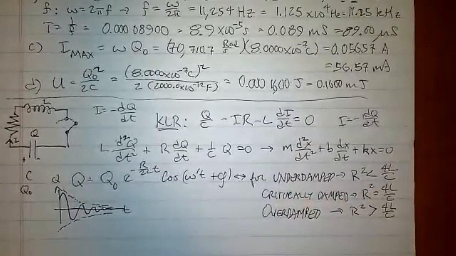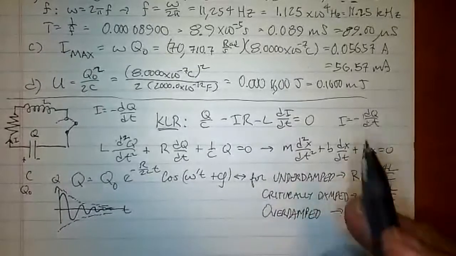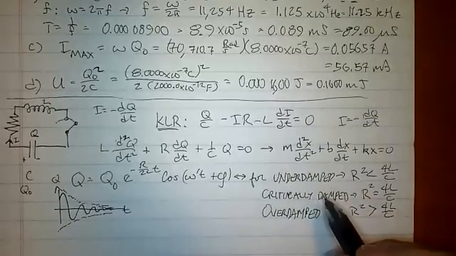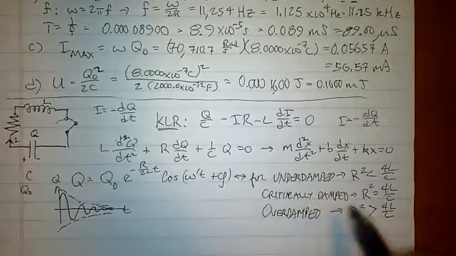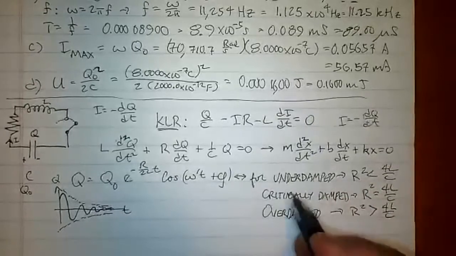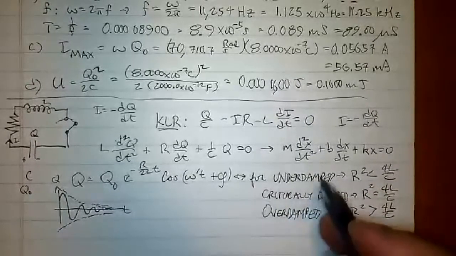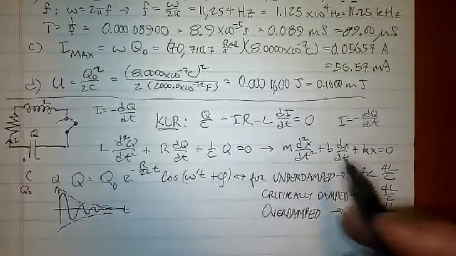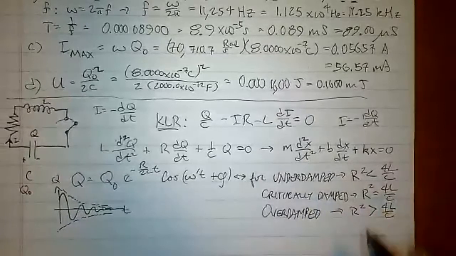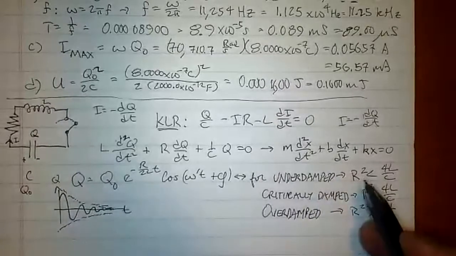So remember, what happens with the underdamped case is it's kind of neat. Specifically, what happens is, if you actually use the solution, instead of using the solution Q equals Q0 times cosine, you try to use Q equals Q0 times e to the rho t. And what you'd get is that rho has an imaginary part and a real part because it has a solution that has a negative discriminant.